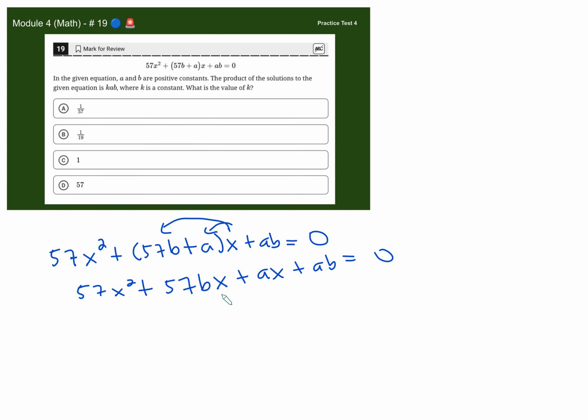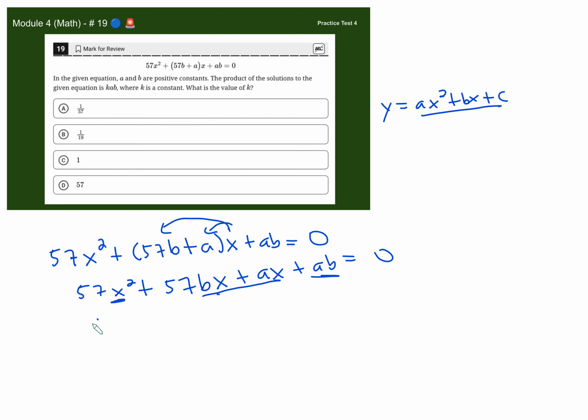You see how this term has the x squared, and this has the x, and this has the non-x. It's kind of like y equals ax squared plus bx plus c. It's in that quadratic equation format in standard form, with the x's and the constant term at the end.